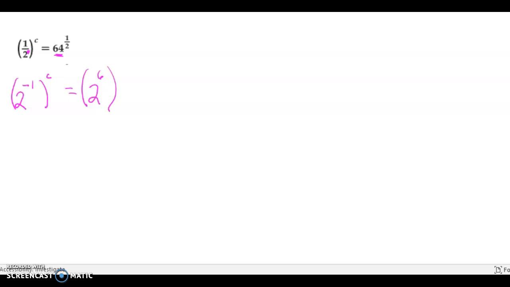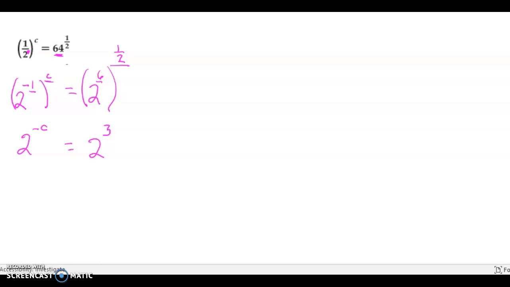It's 2 times 2 times 2 times 2 times 2 times 2, and then raised to the 1/2 power. From our power exercises yesterday, we learned that a power to a power, we multiply our powers. Same thing here, a power to a power, we multiply the powers, and we would get 3.